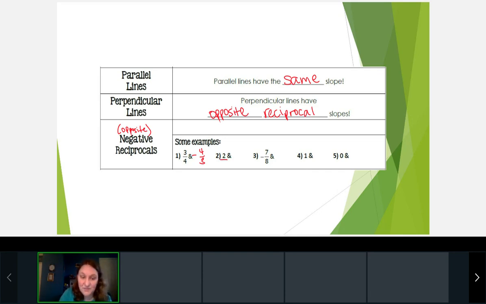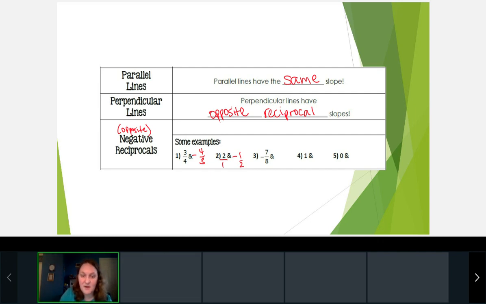Its denominator is 1. So we're going to take the opposite of 2/1, which is negative, and then flip-flop your numerator and denominator. So Haley, you were really close. So negative 1/2 will be the opposite reciprocal of 2/1.